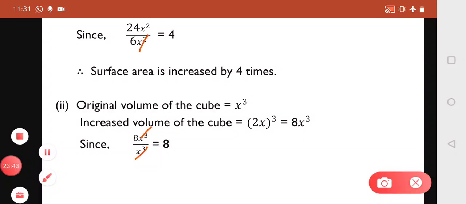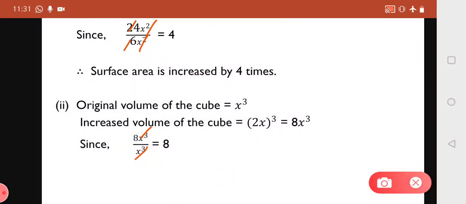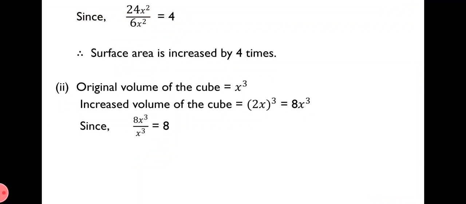Here also we cancel x square, and 6 1s are 6, 6 4s are 24, so we get 4 times for the surface area. And here we get 8. Thus, the volume is increased by 8 times. So if we double the side of a given cube, its surface area increases by 4 times and its volume increases by 8 times. And this is the last question of this exercise and also of this chapter.